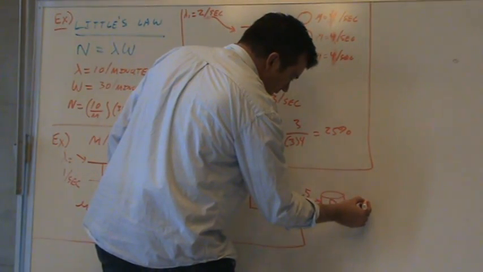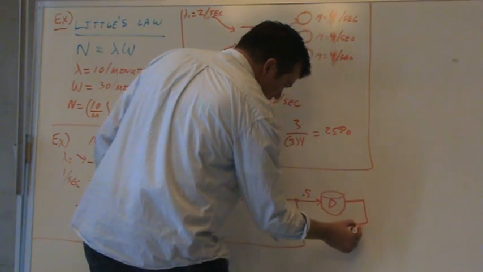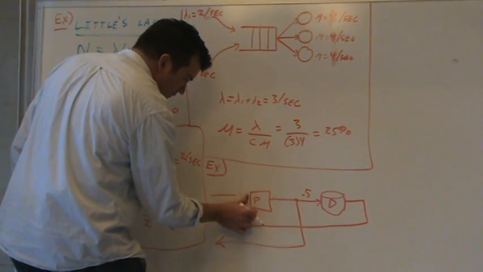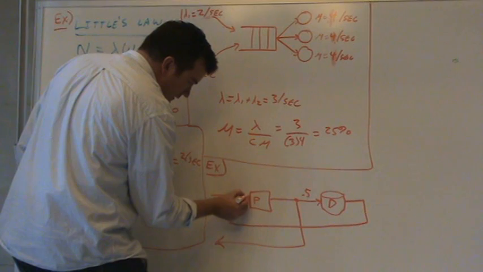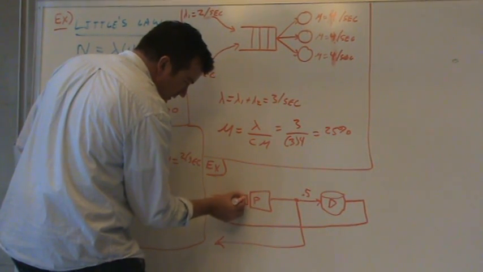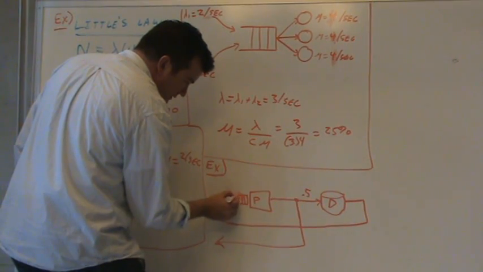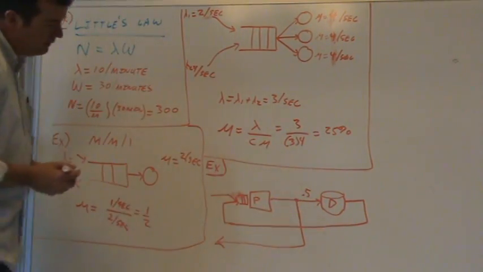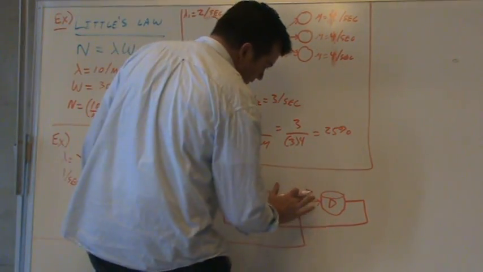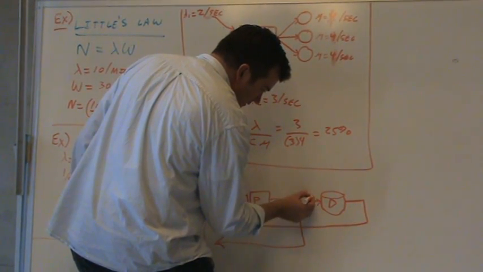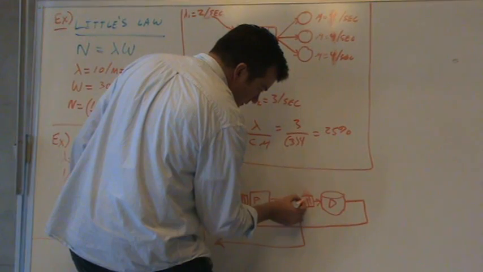So anytime we go out to the disk drive, we're obviously not done. So we come back to here, and we go back to the processor again. Let me put a little cube in front of this thing. I don't put a cube in front here.